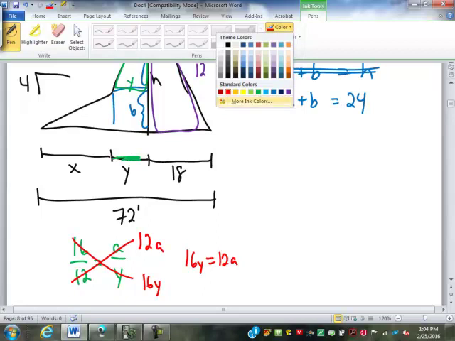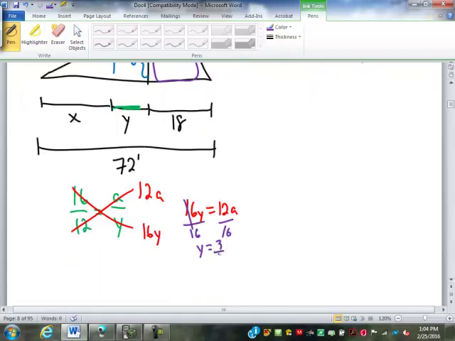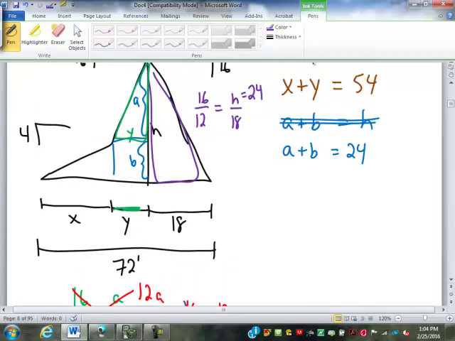We are going to solve for Y or A. It doesn't matter. Let's solve for Y. Divide by 16. So Y equals 3/4 A.